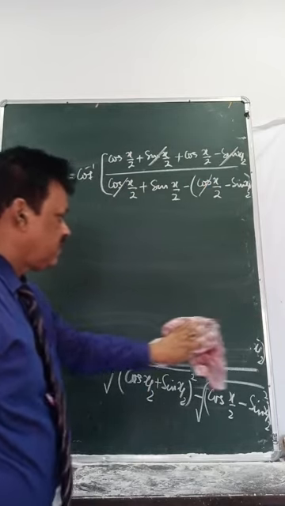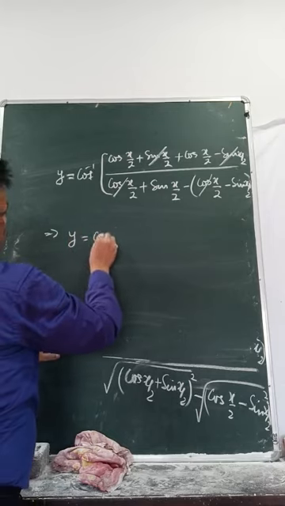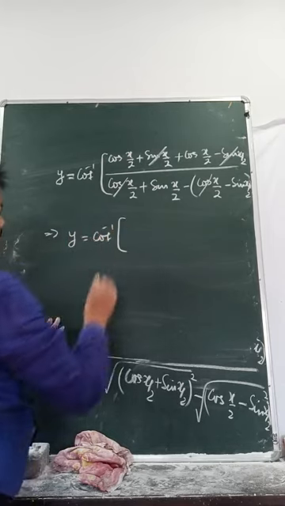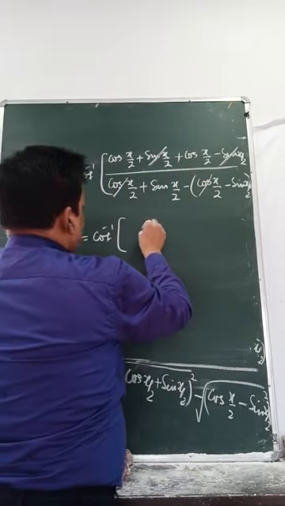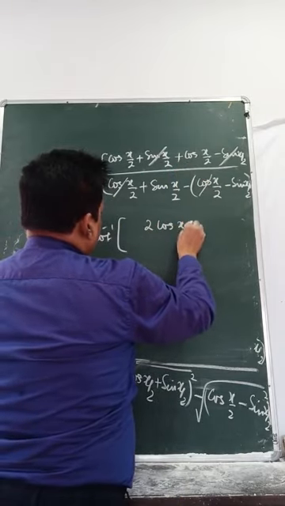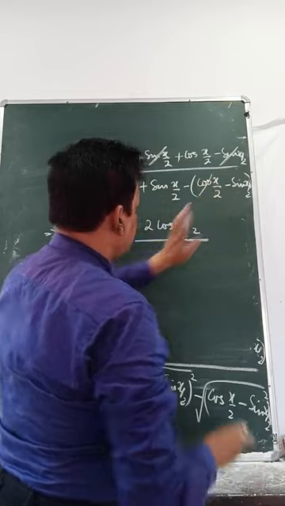This implies y equals cot inverse of 2 cos x by 2, and minus minus will be plus, so 2 sin x by 2.